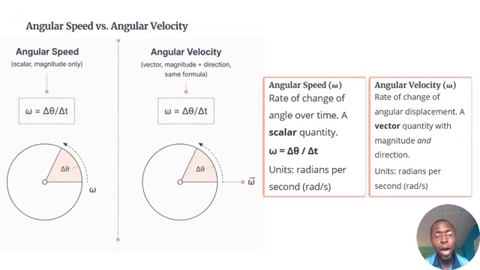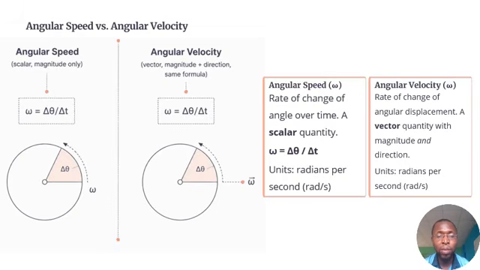And by formula, angular speed is angle over time, while angular velocity is angular displacement over time. So by definition, we say that angular speed is the rate of change of angle over time, while that of angular velocity is the rate of change of angular displacement over time, as you can see in the formula.